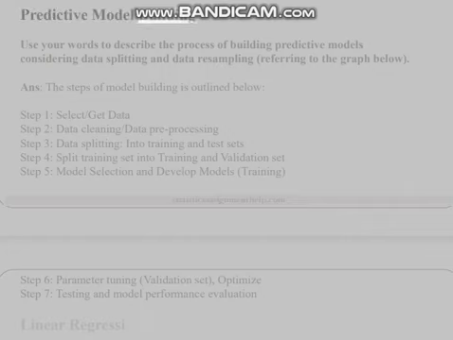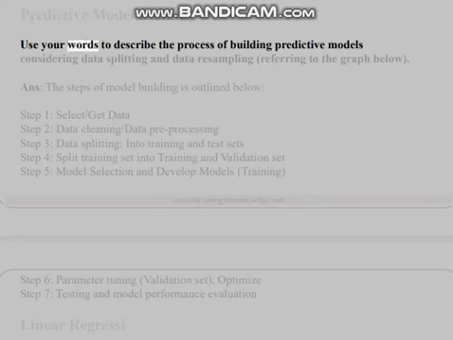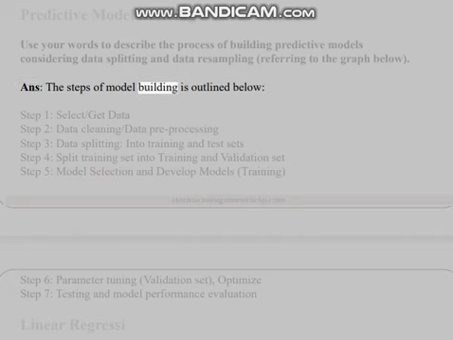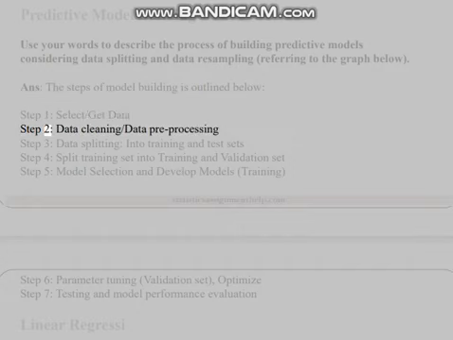Predictive model building. Use your words to describe the process of building predictive models considering data splitting and data resampling, referring to the graph below. ANS: The steps of model building are outlined below. Step 1. Select/get data. Step 2. Data cleaning/data pre-processing. Step 3.